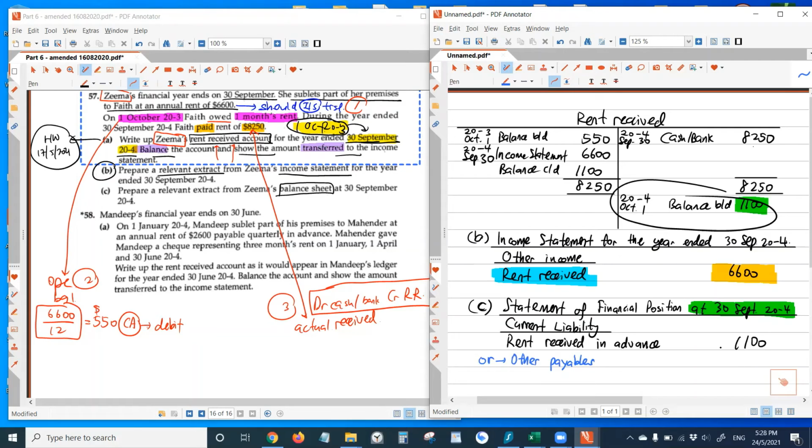So you have a choice of whether writing it as rent received in advance or other payables. So you write down both, and you need to be aware of this other option. When you're done, you let me know. I go through another question with you.